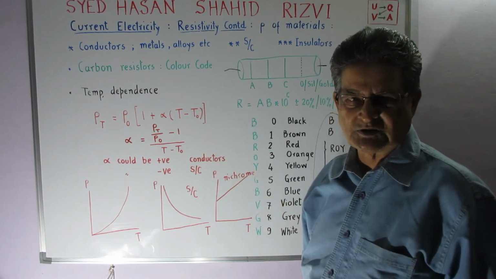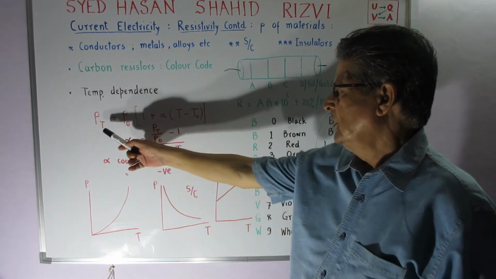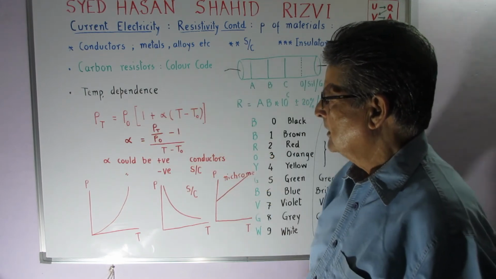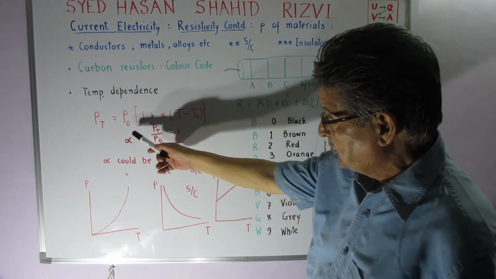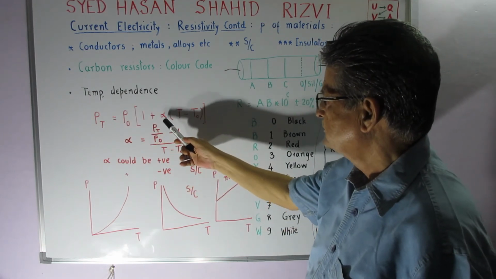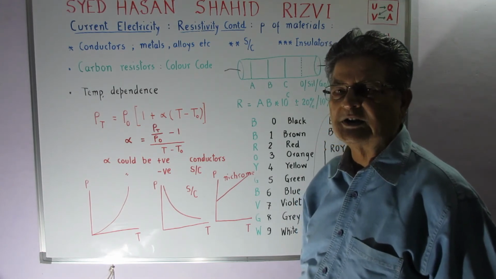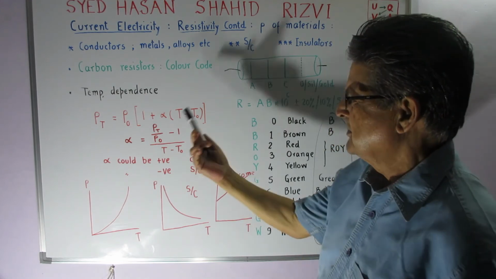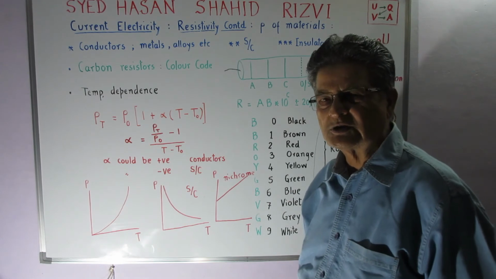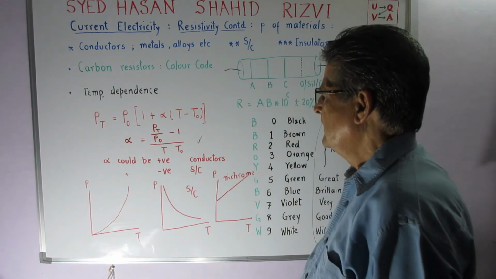Rho T at temperature T Celsius equals rho naught at 0 Celsius times (1 plus alpha T). Alpha is called the temperature coefficient of resistivity. Anyway, so we find the alpha.